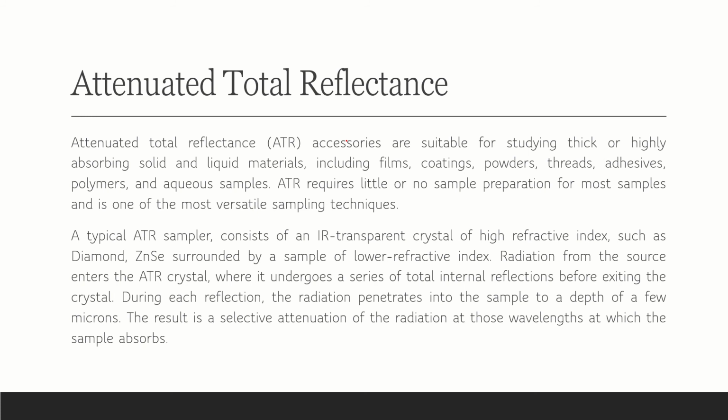You must have heard that because of the cuts in a diamond, the radiation will pass in different directions, so the appearance is more shiny. So what is happening? The electromagnetic radiation penetrates the sample to a depth, and it undergoes total internal reflection. During each reflection, the radiation passes through the sample, so that a satisfactory spectra is obtained.